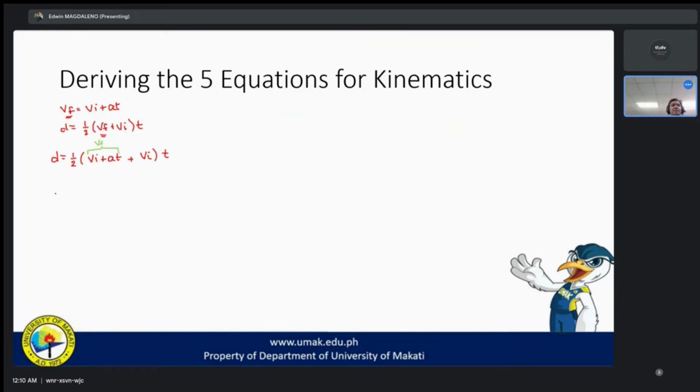displacement should be equal to 1 half Vi plus Vi, that is 2 Vi, plus acceleration times time, multiplied by time.